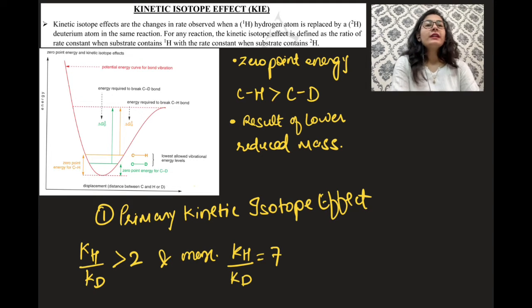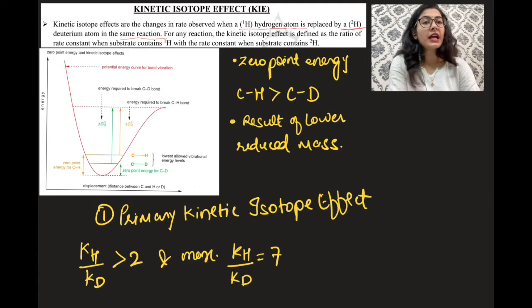So guys, what is a kinetic isotope effect? Kinetic isotope effects are the changes in the rate observed when a proton or a hydrogen atom is replaced by a deuterium atom in the same reaction. When we are talking about the same reaction, it's not that we are talking about two different reactions.